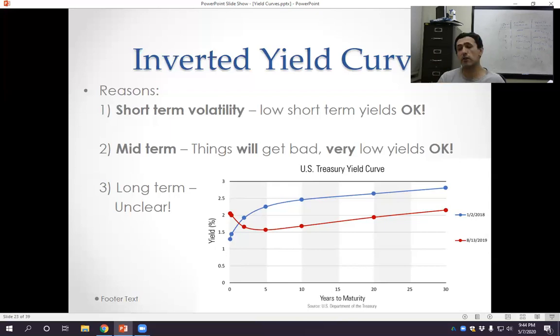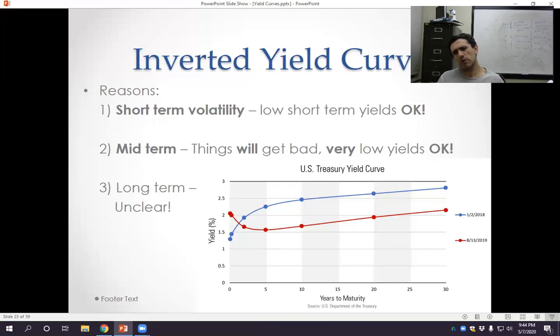On the other hand, if you really expect things to be bad, so bad that between now and, for example, 5 years, you're just going to lose a ton of money, you really might be okay with really, really long-term low yield rates.